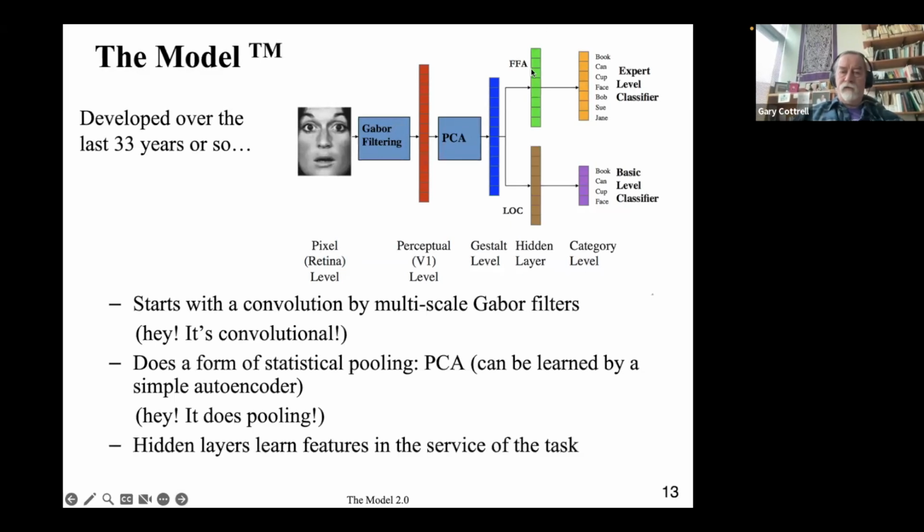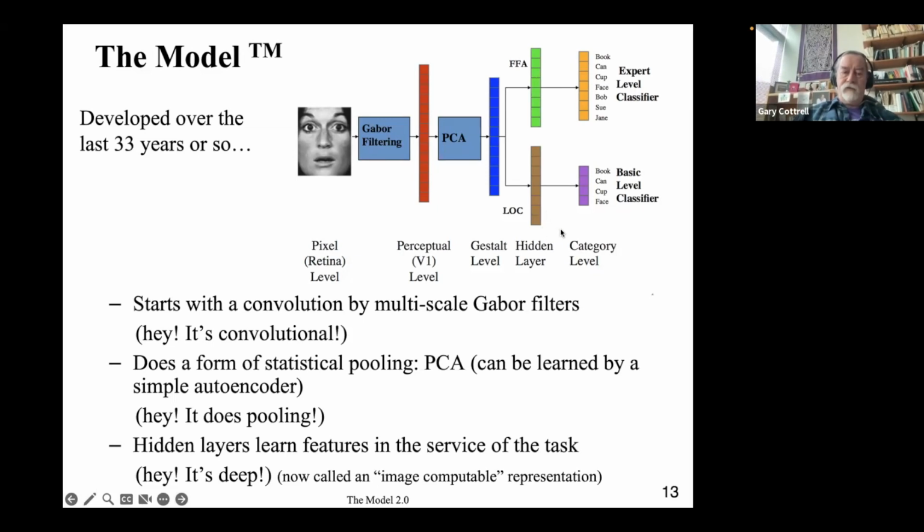And then these hidden layers here learn features in the service of the task. So you could have one that's good at recognizing faces, and then the hidden layer encodes the features of a model fusiform face area, or it could be just a basic level categorizer, and then this encodes features in lateral occipital cortex.